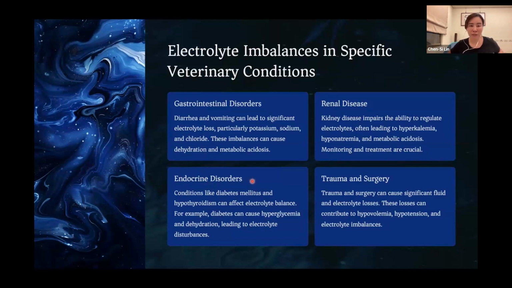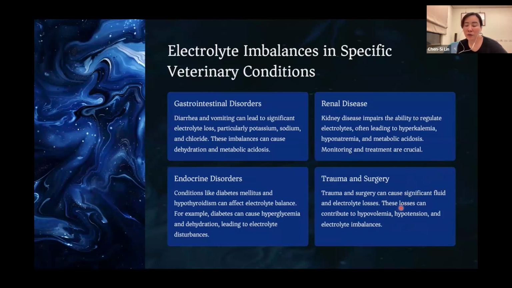So if an electrolyte imbalance occurs, we need to check the GI system, the kidney, and the hormone levels. The fourth cause we just mentioned is trauma and surgery, because trauma and surgery may cause significant fluid and electrolyte loss.